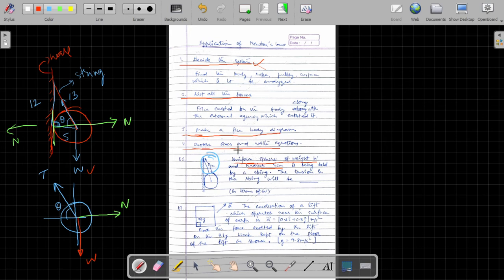Then we draw the free body diagram, and next we are going to choose the axis. So the axis in this particular case are going to be pretty easy to choose. We are going to choose the x and y axis.